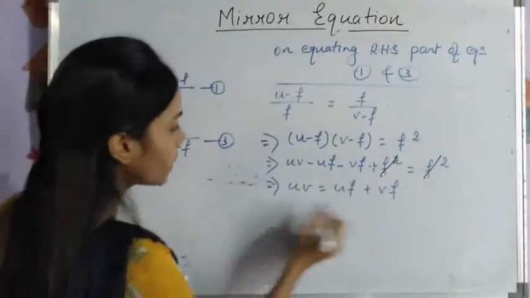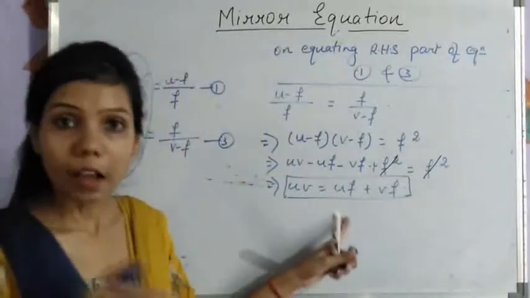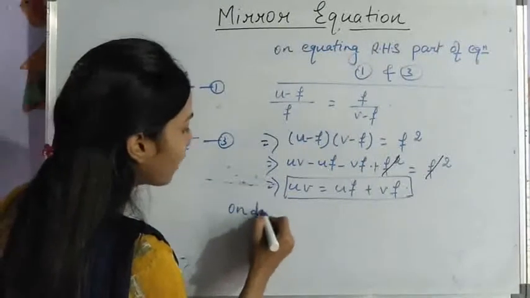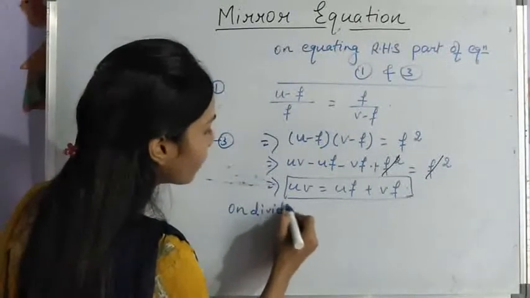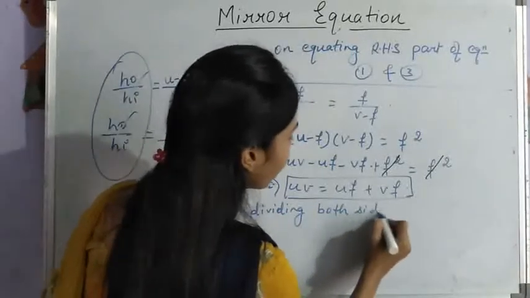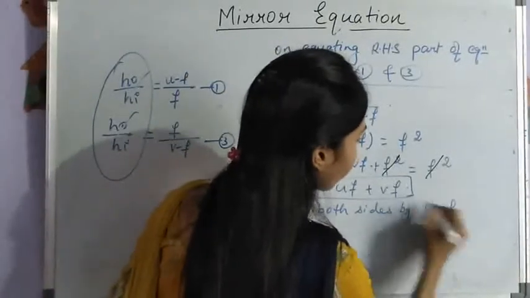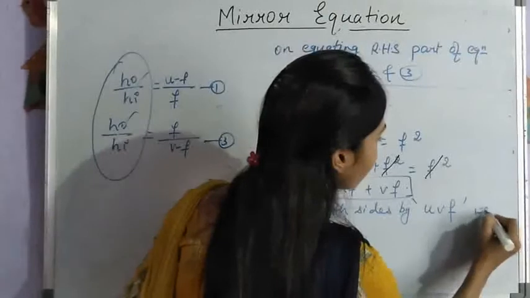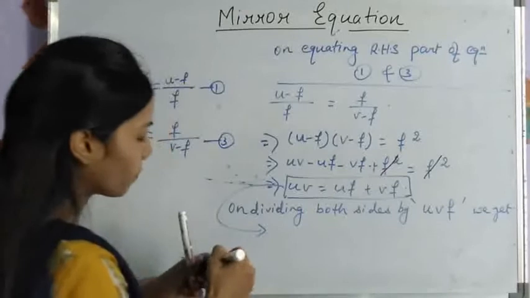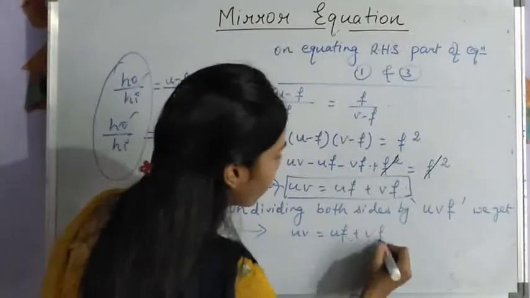So this is the equation that we have got. But we have to proceed on dividing both sides by UVF. Then only we will get the mirror equation. Let us write this equation here: UV equal to UF plus VF.